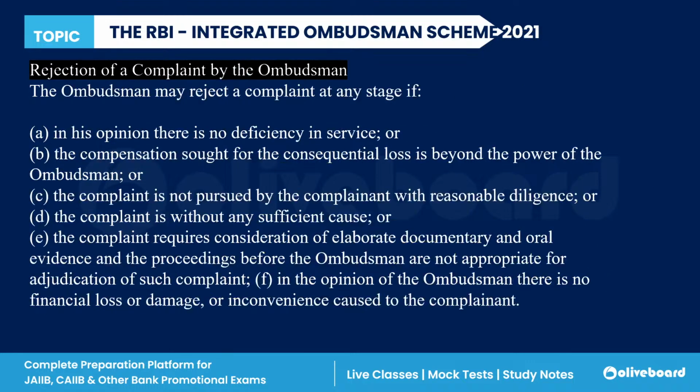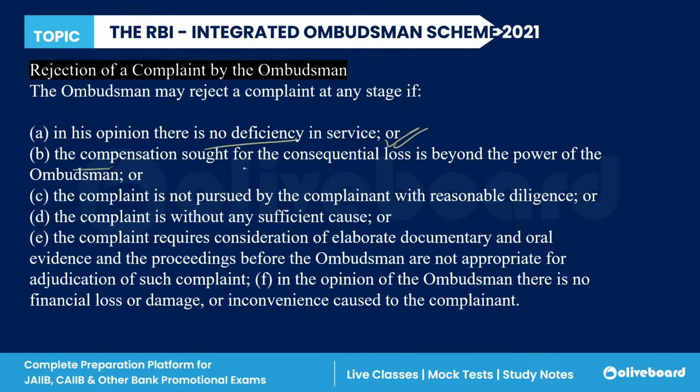Clear? Now next, if we talk about the rejection of complaint, yes, the ombudsman has the right to reject the complaint under any of these circumstances. First, if there is no deficiency in the services.